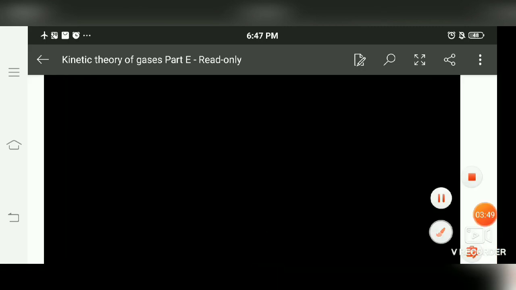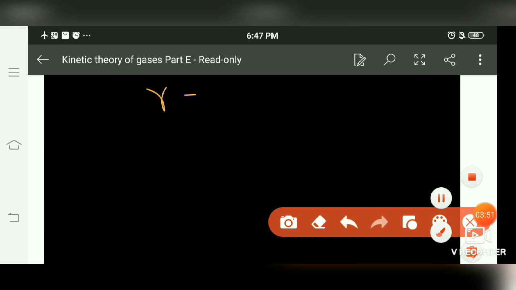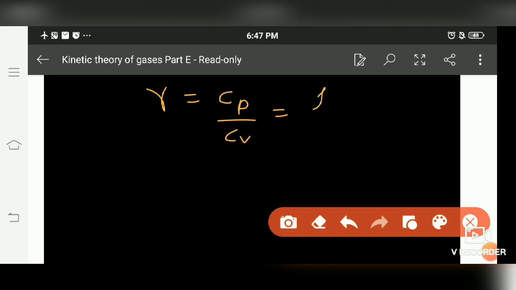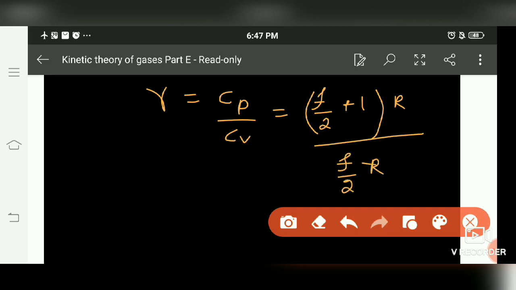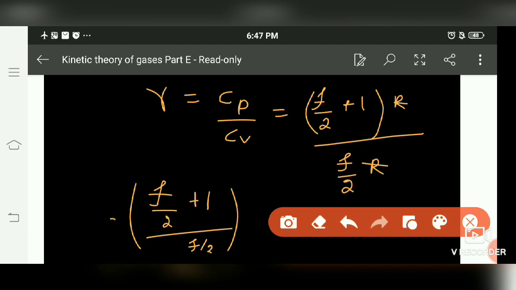Gamma is equal to Cp by Cv, where Cp is equal to F by 2 plus 1 into R, and Cv is equal to F by 2 into R. This R gets cancelled with this R. So F by 2 plus 1 upon F by 2 equals gamma.